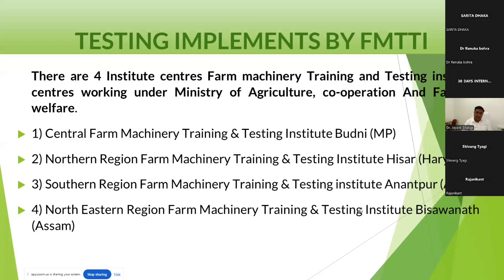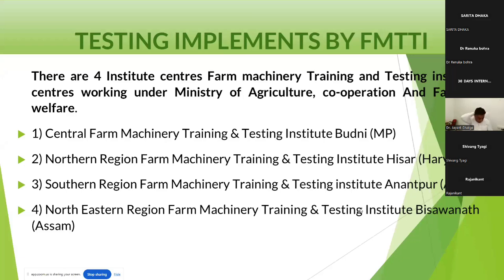So farmers can take any kind of machinery from these government offices on rent basis. They complete their work and again submit this particular machinery to the institution, and for that they pay some amount of rent.